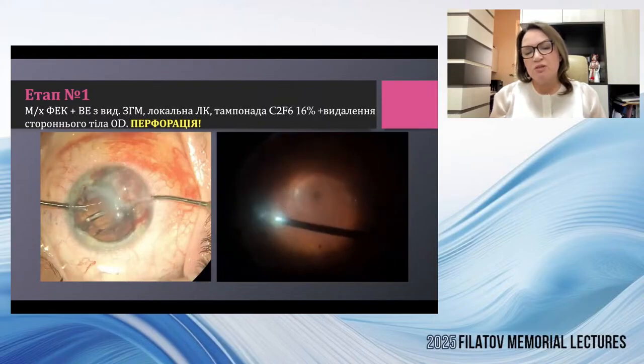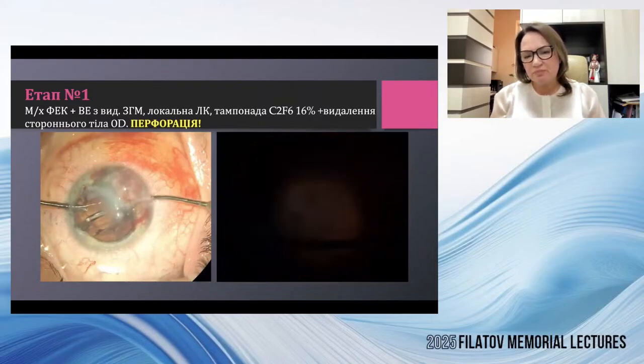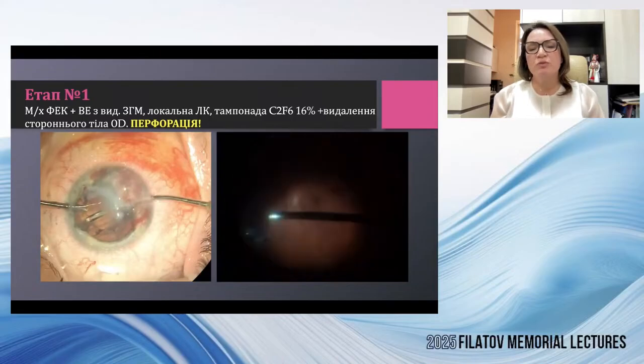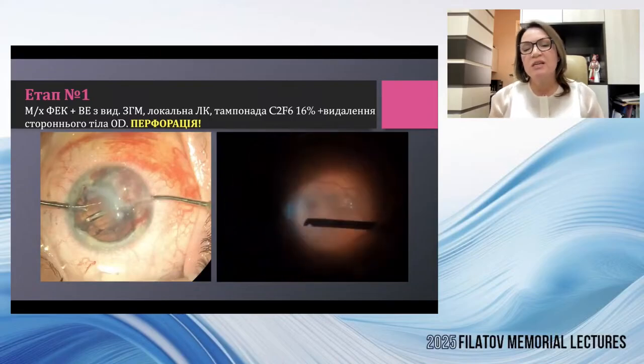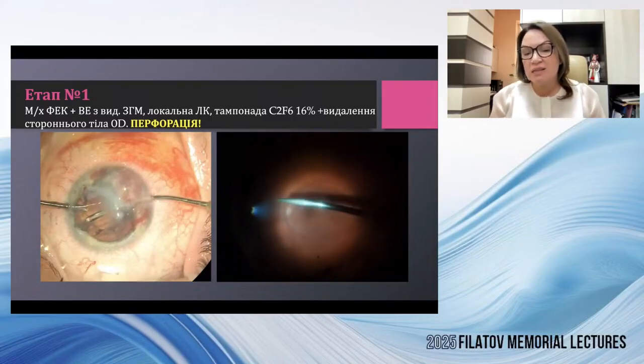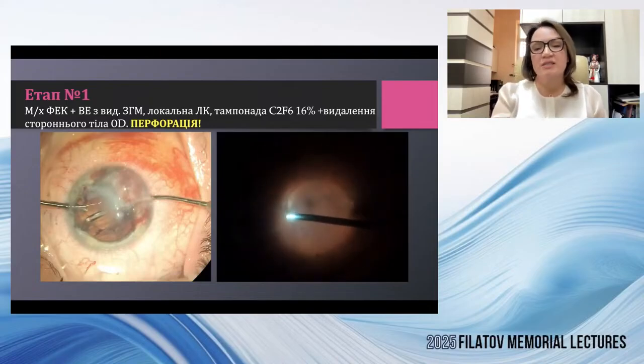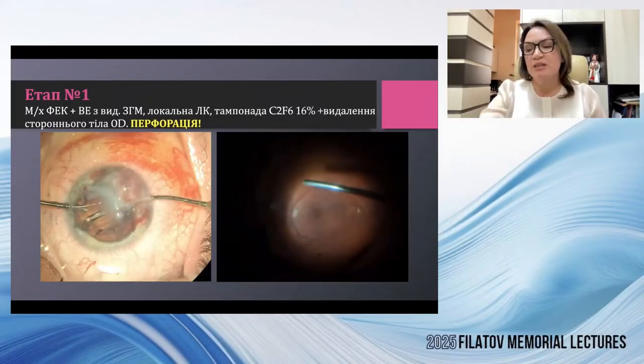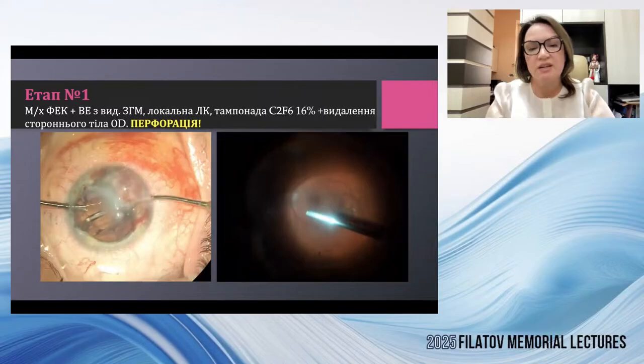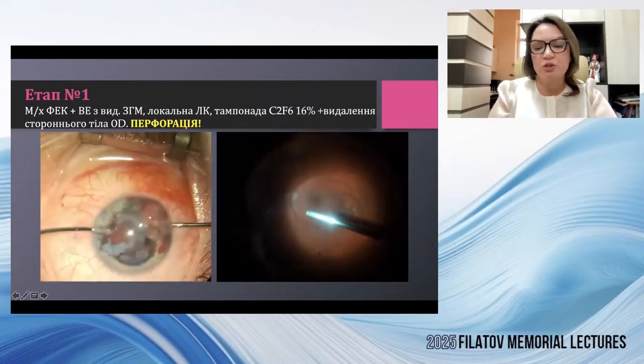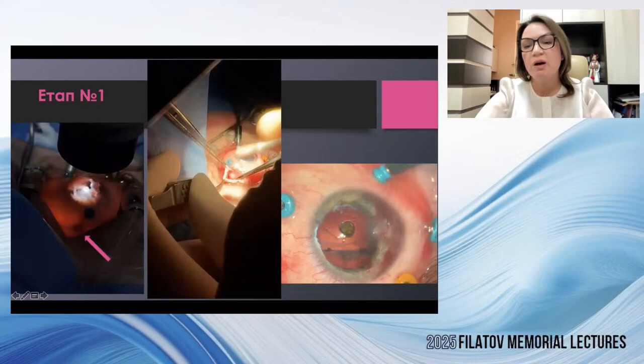We conducted a vitrectomy with removal of the vitreous body with vitritis, where the foreign body was located. During the examination and revision of the cavity, we found there was no foreign body at all.